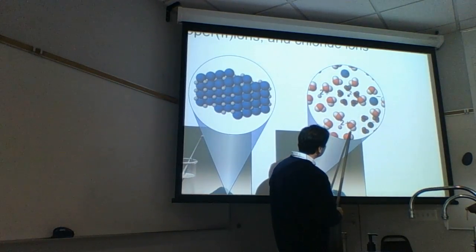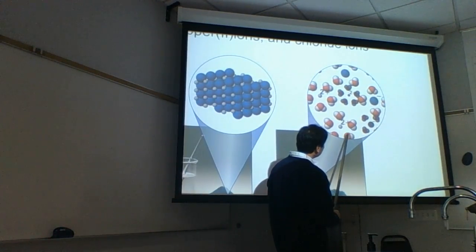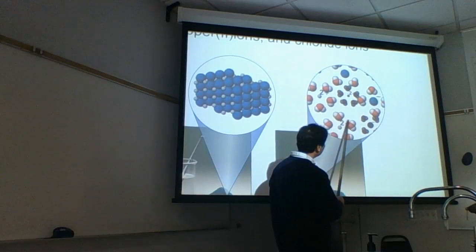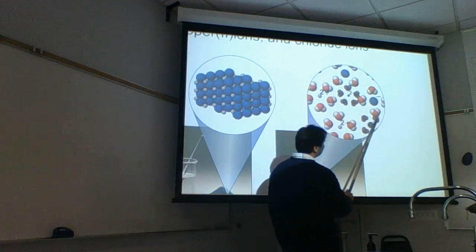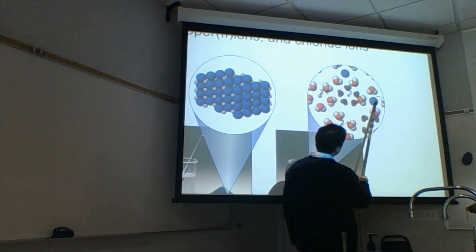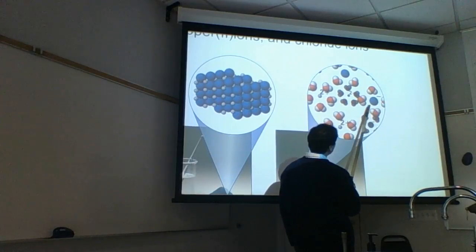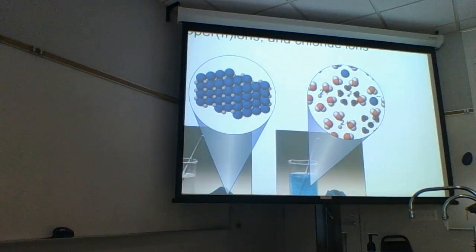The red ends of the water molecules surround the copper 2. In fact, the red is oxygen. So oxygen has a negative charge bias, negative charge density. The hydrogens surround the chlorides. That helps stabilize the ions.